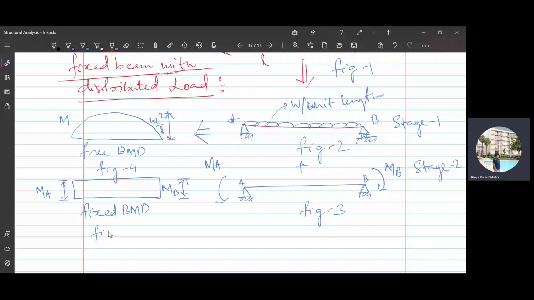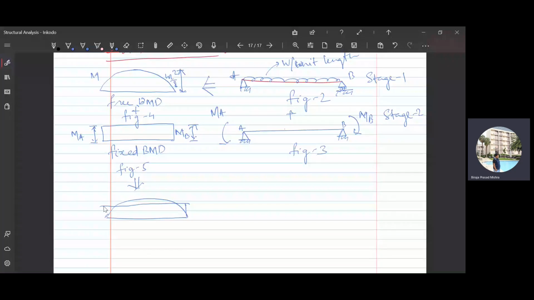So if I combine, this is MA, this is MB, and this value I need to determine, and the total height is W L square by 8.